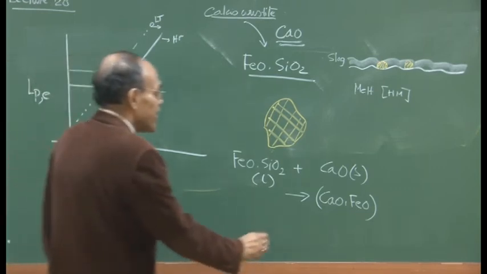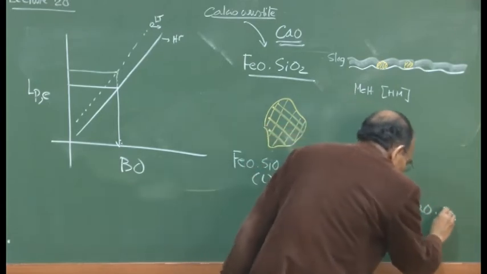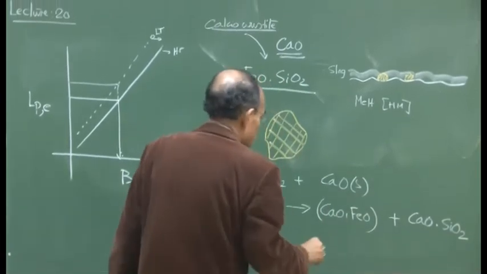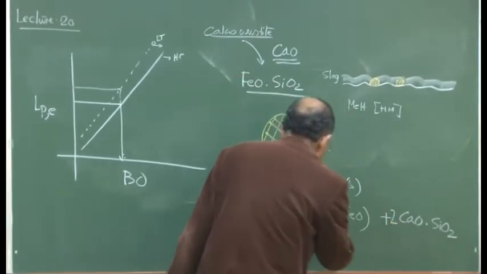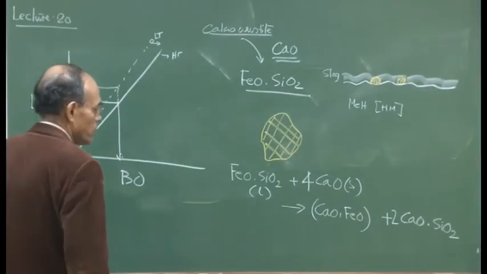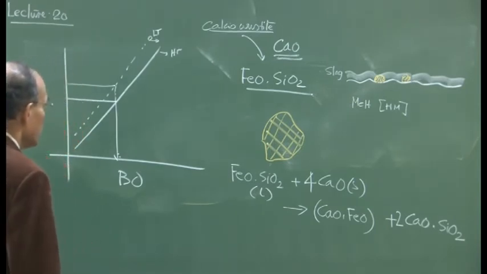And then we have dicalcium silicate, CaO SiO2. Okay, that is what it is. So, 2 silicate we have.